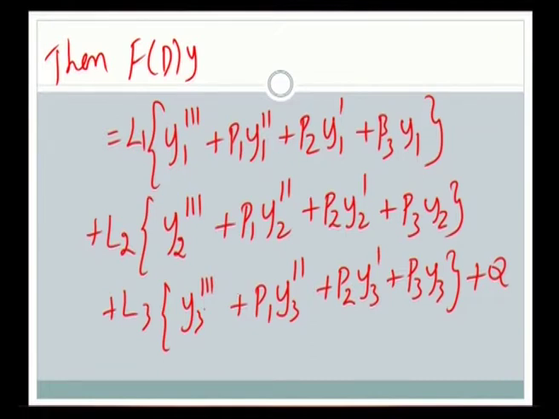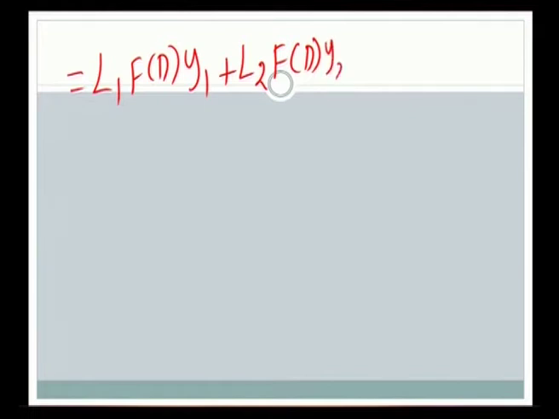Now, the final expression will be L1 f of D into y1 plus L2 into f of D into y2 plus L3 into f of D into y3 plus q.